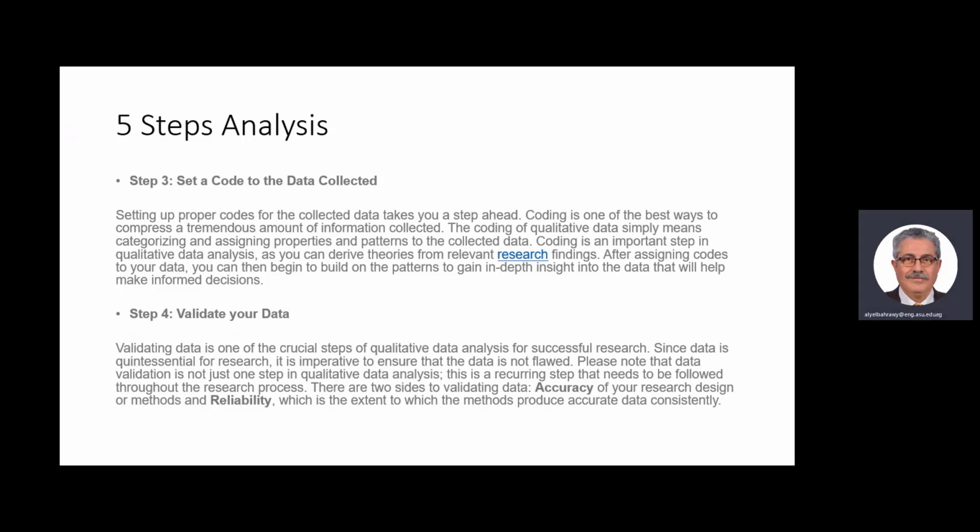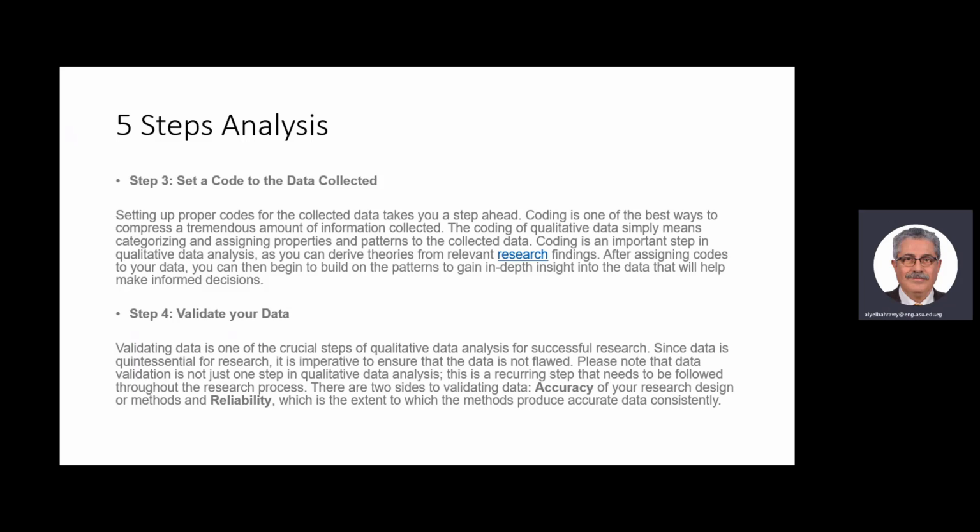Setting up proper codes for the collected data takes you a step ahead. Coding is one of the best ways to compress a tremendous amount of information collected. The coding of qualitative data simply means categorizing and assigning properties and matters to the collected data.